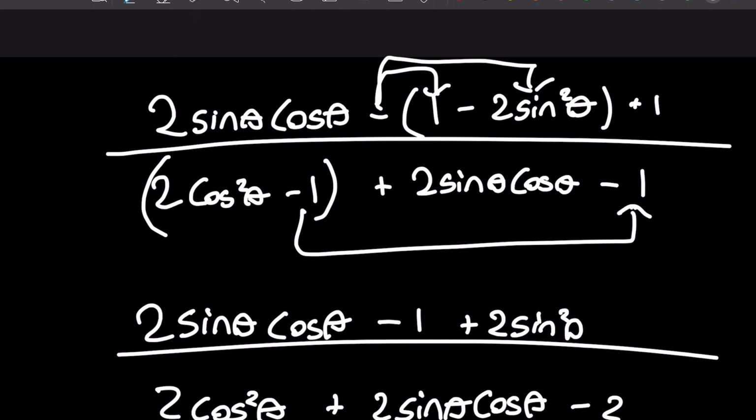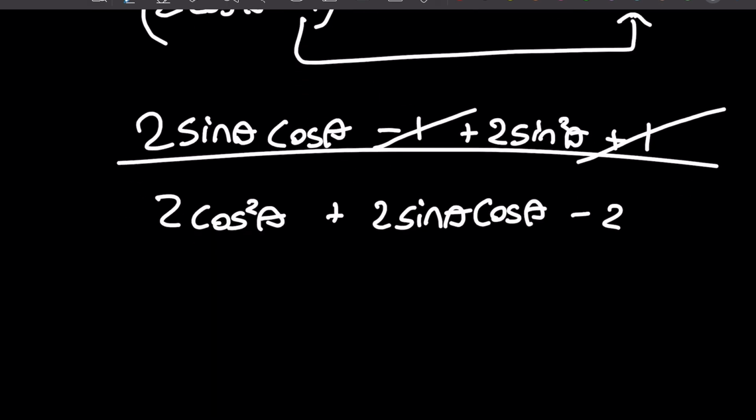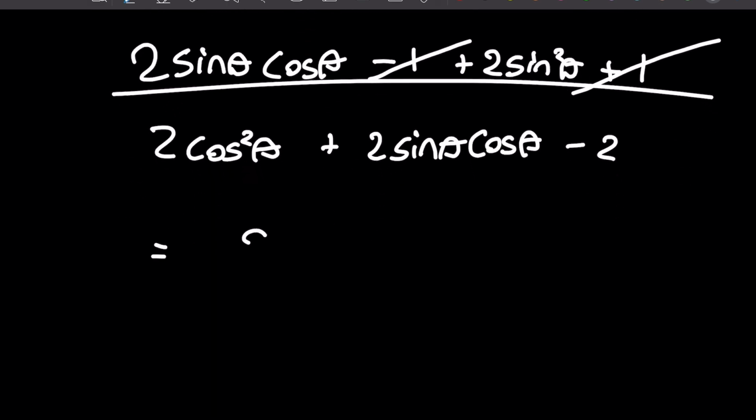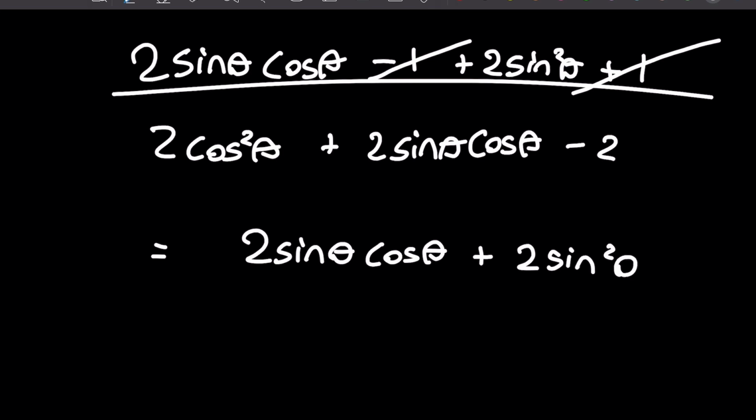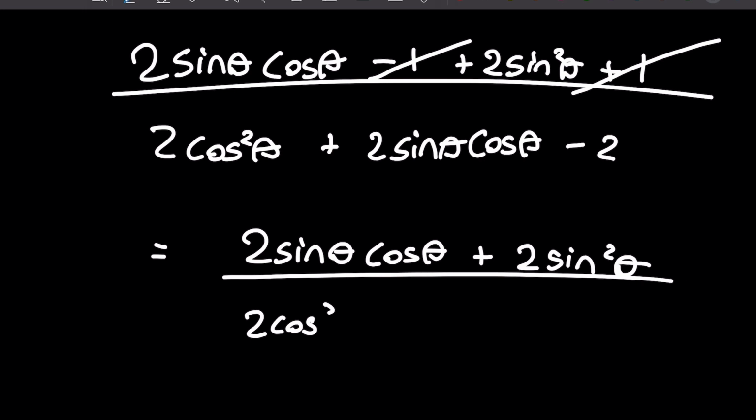Now the minus 1 and plus 1 will cancel out, leaving us with 2 sine theta cos theta plus 2 sine squared theta over 2 cos squared theta plus 2 sine theta cos theta minus 2.